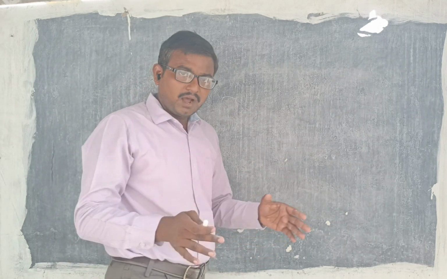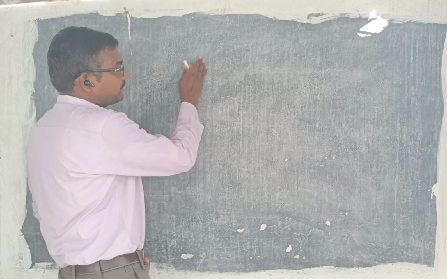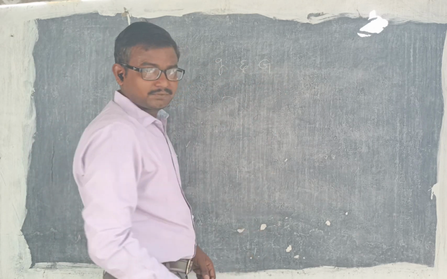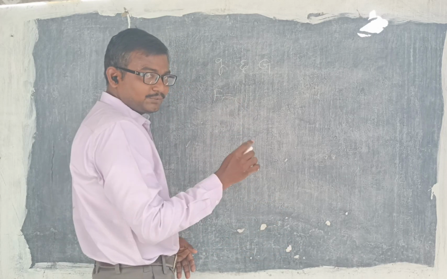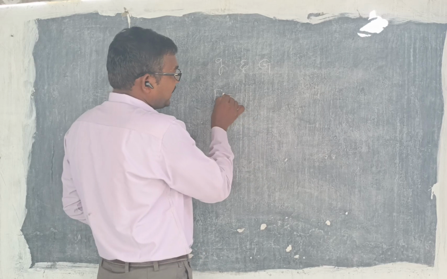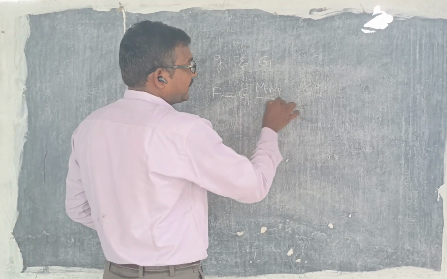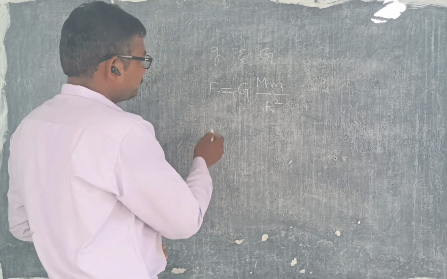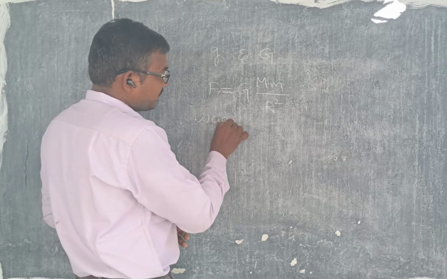Okay, now we discuss the relation between small g and capital G. Already we learned from Newton's law of gravitation, capital F equal to capital G, capital M, small m by r square. Now already you know weight. What is weight?